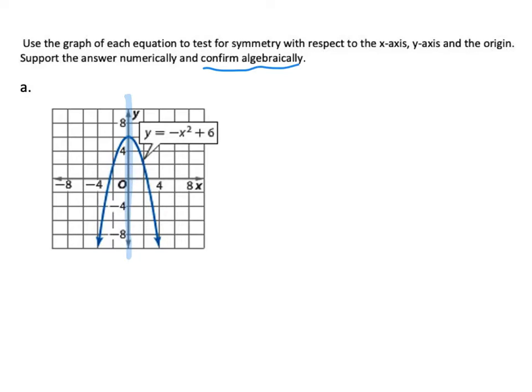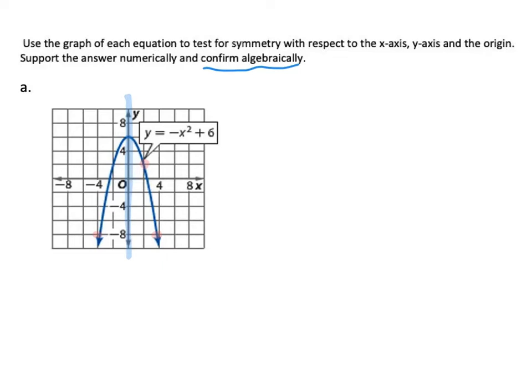Confirming it numerically would be to pick a point. If I pick (1, 1), the ordered pair (-1, 1) is also there. If I pick another ordered pair down here, approximately, not exactly, (-4, -8), then (4, -8) would also be there.